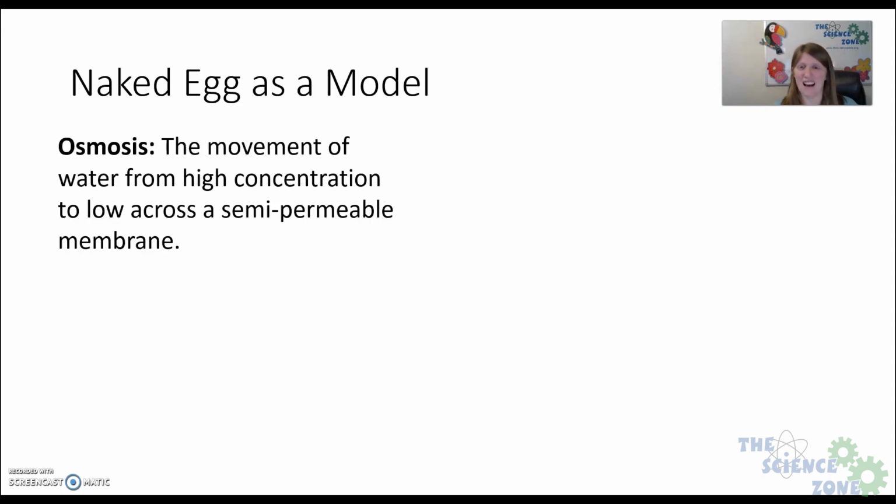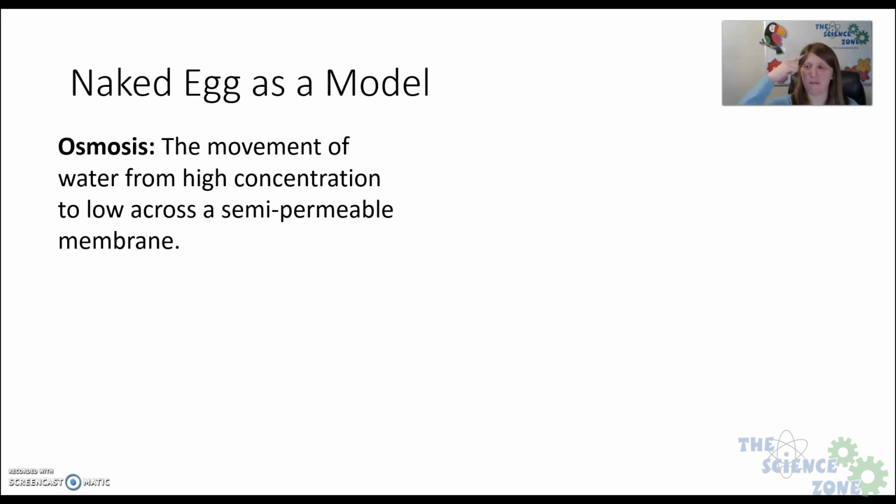Okay. I'm going to introduce a term here called osmosis. Osmosis is the movement of water, so we're only talking about water here, right? The movement of water from a high concentration to a low concentration. The key is that it's going to move across a semi-permeable membrane.